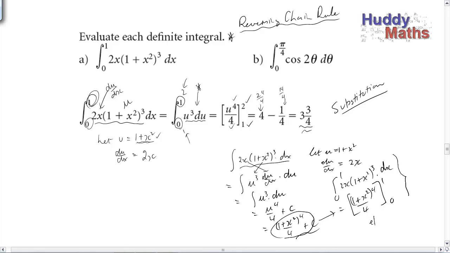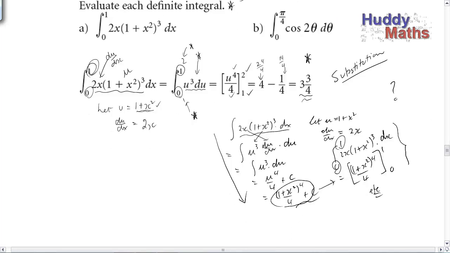So, etc. And then you just sub it in. So you might like to choose what you do here. What you must be careful of if you're using this method is that these limits change, because you're working just in u and you're not returning to x land. Here I've returned to x, and then I can keep the x limits here.